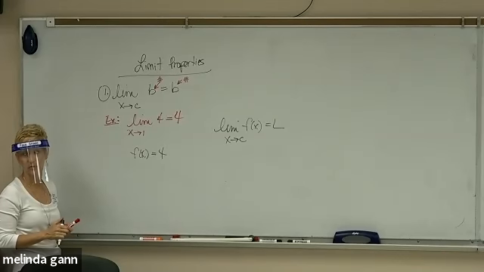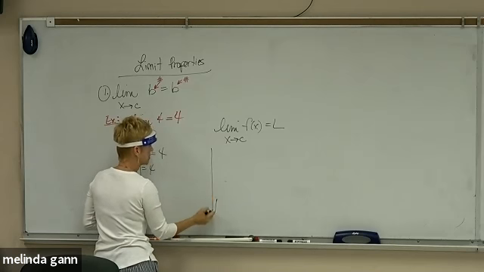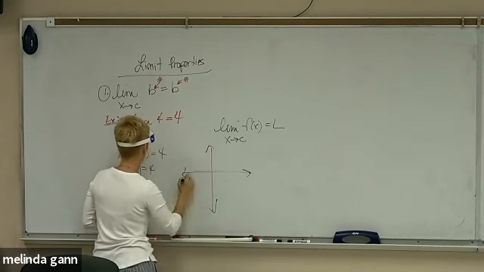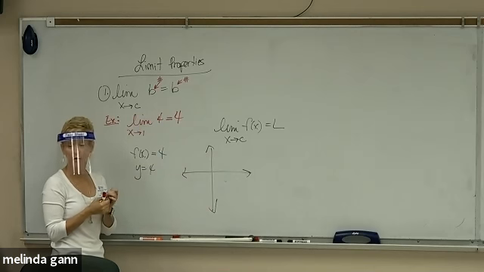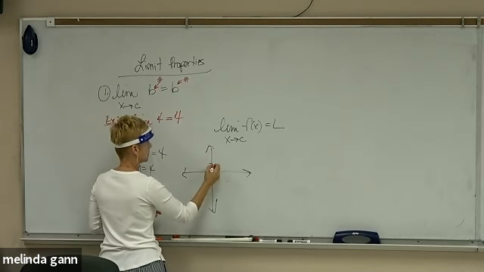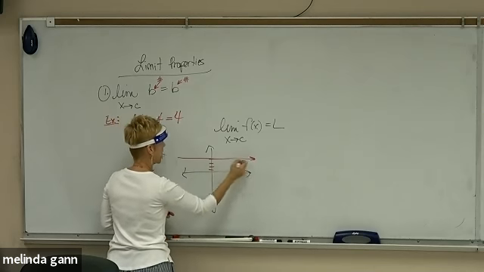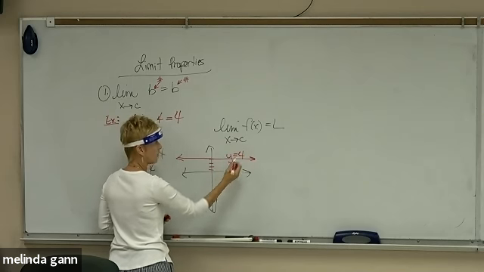What can you replace f of x with? All right. What does the graph y equals 4 look like? Horizontal or vertical? Horizontal, right? That's the graph y, or f of x equals 4.